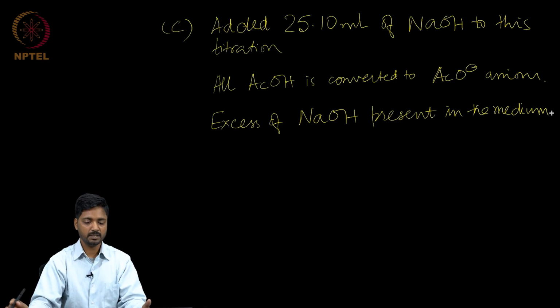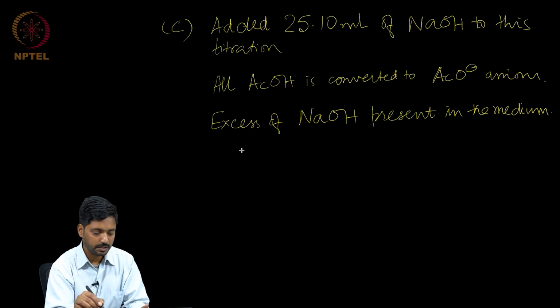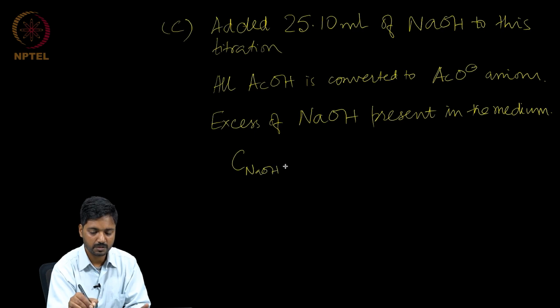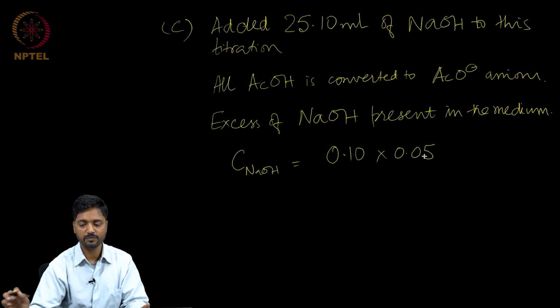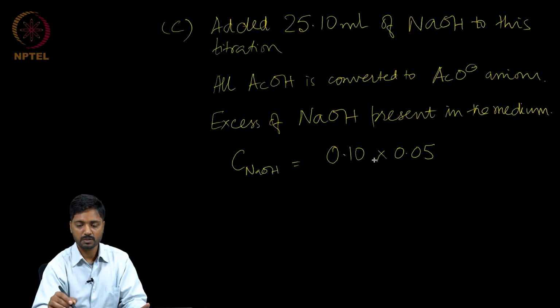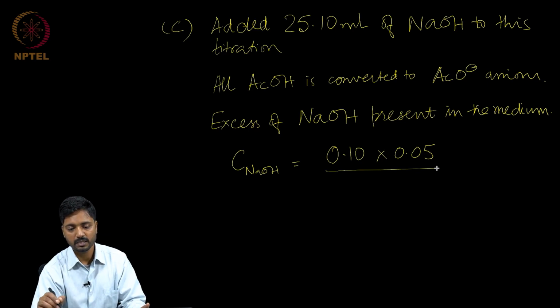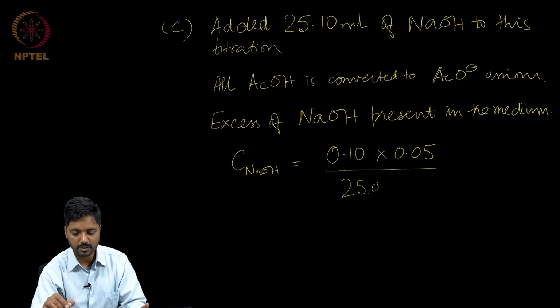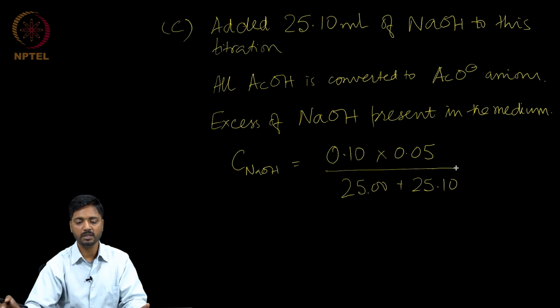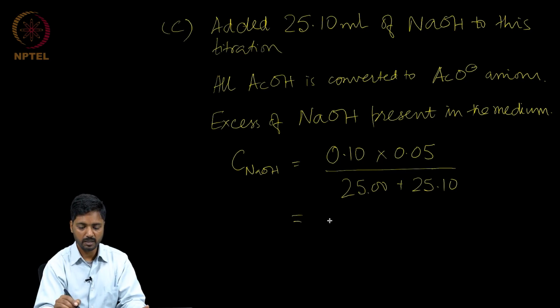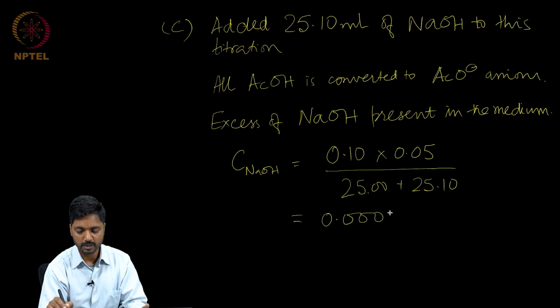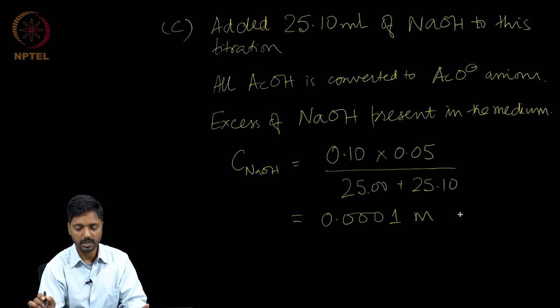Now, in this case, the excess sodium hydroxide concentration would be nothing but 0.10 ml into 0.05 molar sodium hydroxide that has been added, divided by the total volume, which is 25.00 plus 25.10 ml, and this solves to be almost equivalent to 0.0001 molar NaOH.